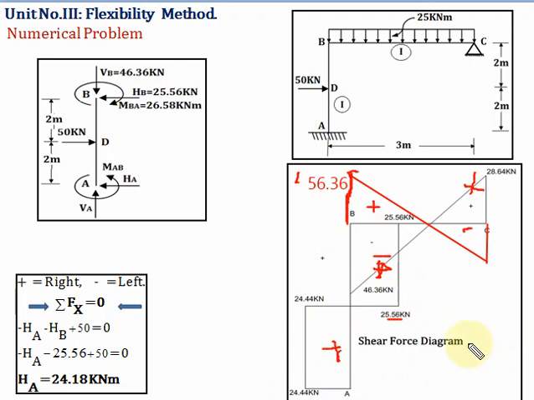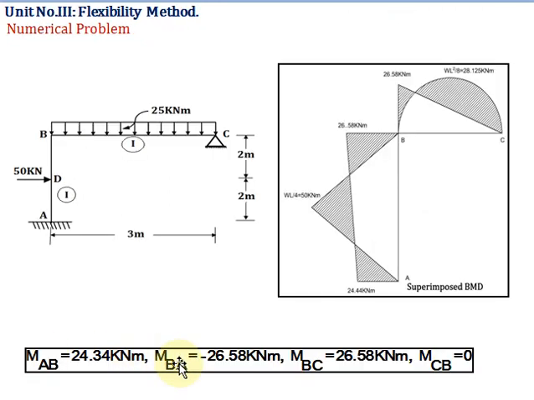Now after drawing the shear force diagram, we have to draw the bending moment diagram. Already we have found out the moments in members AB, BA, BC and CB. And here we have to consider the sign convention, that is anticlockwise as positive and clockwise as negative.